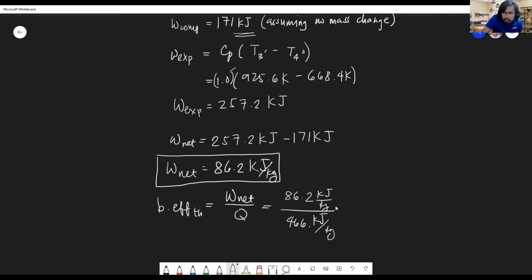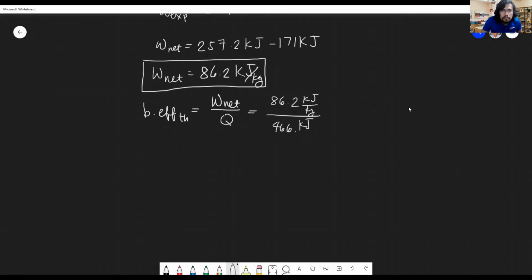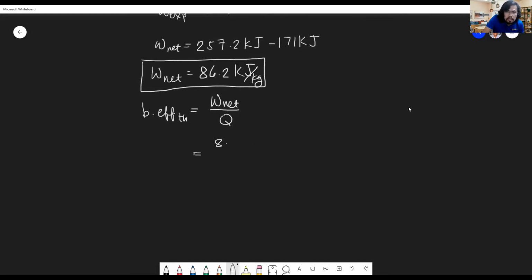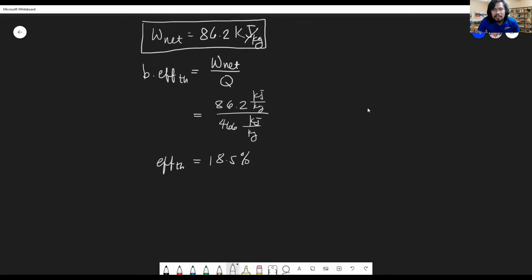86.2 kilojoules per kilogram over 466 kilojoules per kilogram, and we get 18.5%, way below the range for gas turbines.